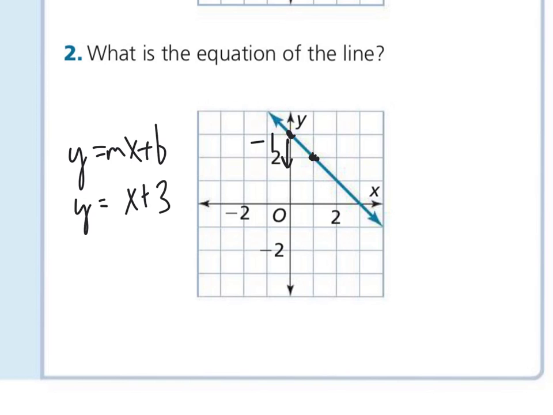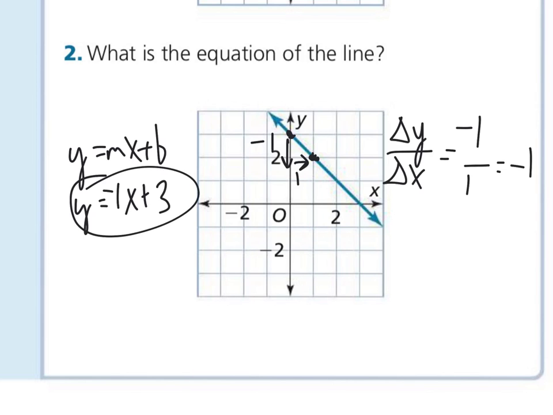We can see we're going down 1 and over 1. So change in y over change in x is -1 over 1, which is -1. So the equation is y equals -1x plus 3. Technically, if you had just y equals -x plus 3, that would be okay, but it doesn't hurt anything to put the 1 there as well.